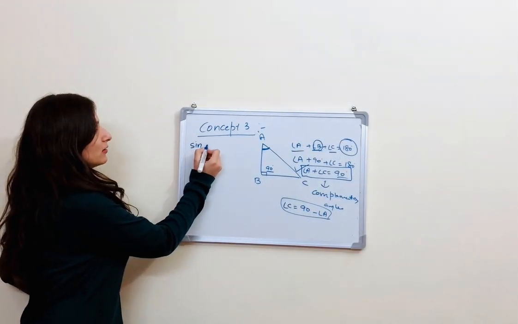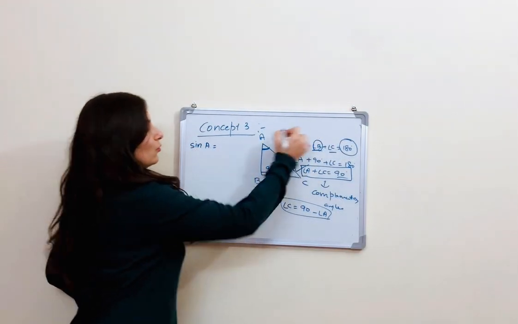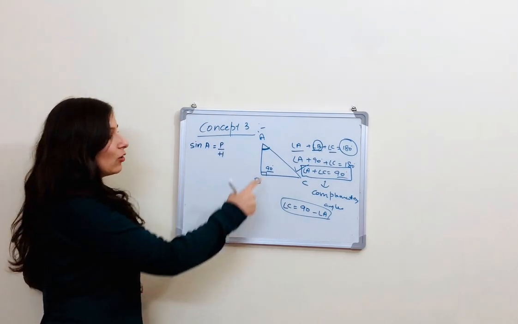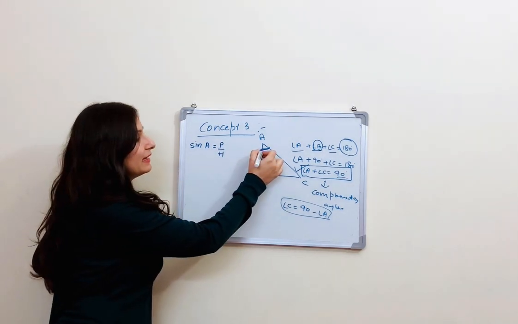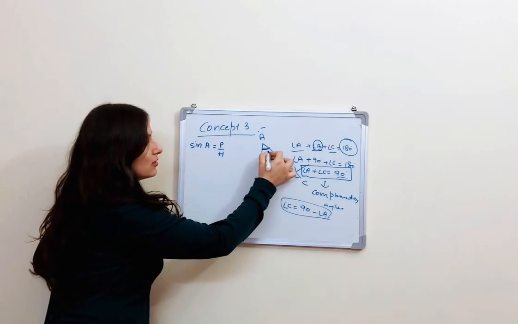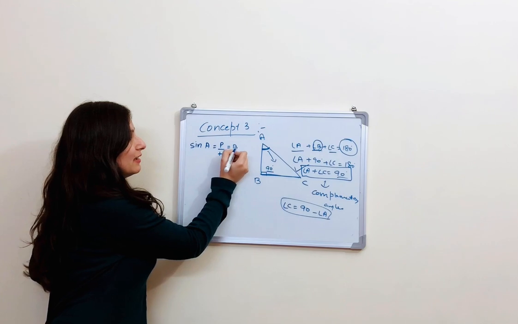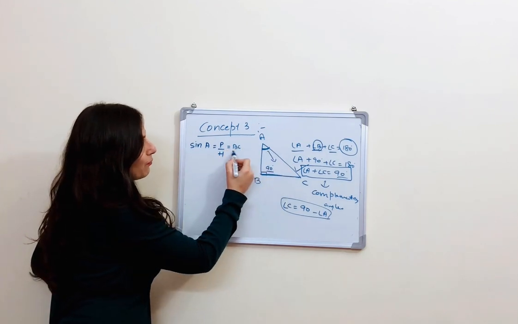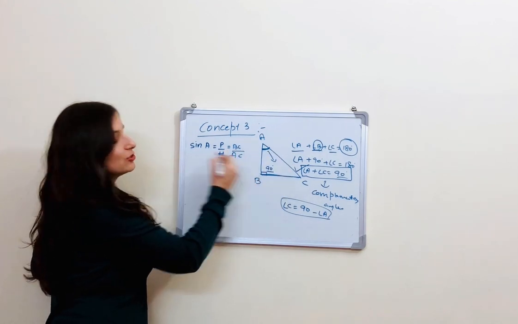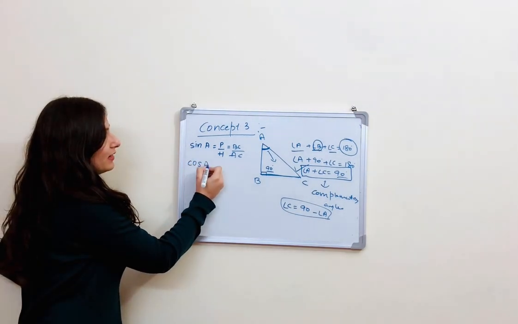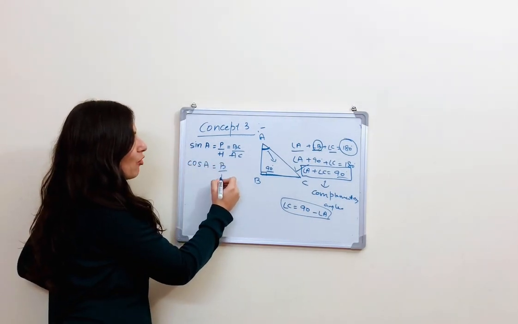Sine A, as you know, is perpendicular upon hypotenuse. According to this triangle, if we are taking A as our theta, so perpendicular is BC and hypotenuse is obviously AC, which is the longest side. Similarly, cos A is equal to base upon hypotenuse.